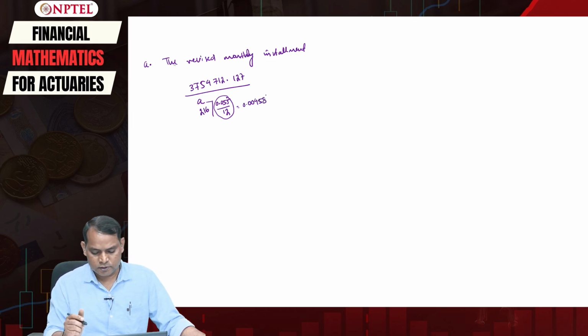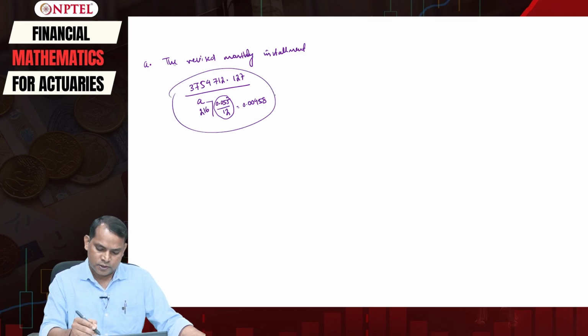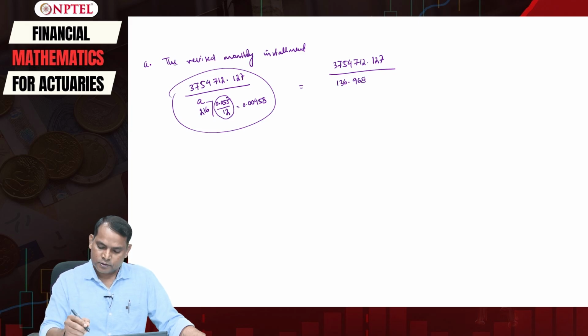which can be computed and written as 0.00458. So now let us use it here to compute. I will have 37,54,712.127 divided by 136.968.